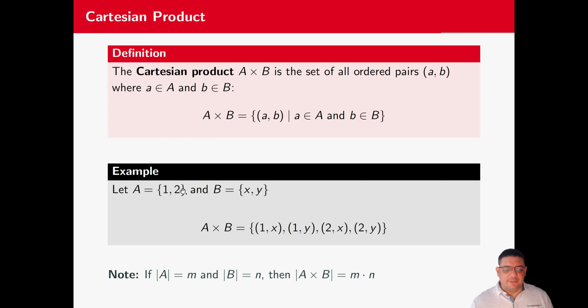Now we do 2x and 2y, and then we have all the ordered pairs that are possible with the sets A and B. Notice that it has 4 elements, and these have 2 and 2. So you're going to realize that if the number of elements in A is m, and the number of elements in B is n, then the Cartesian product is going to have m times n elements.